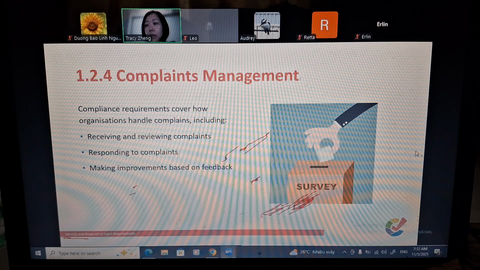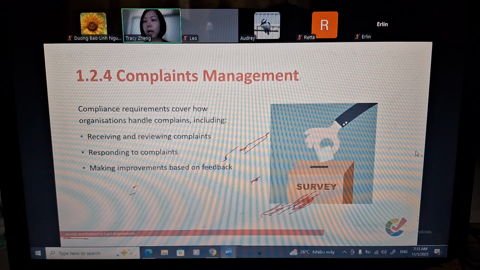They need to check the letterbox regularly to make sure they're handling the complaints. In each organization, there must be a really clear and easy to follow complaint process. They need to train the staff how to support the clients to make any feedback and complaints.